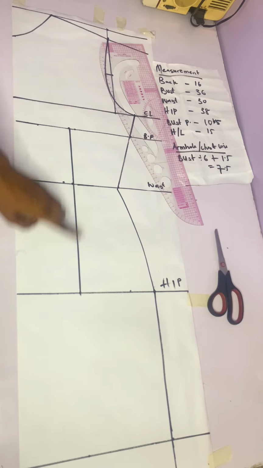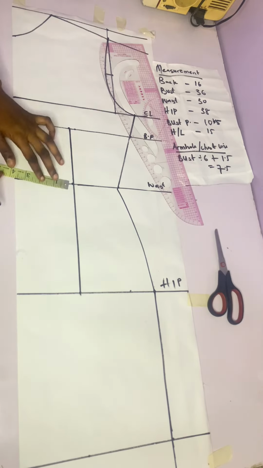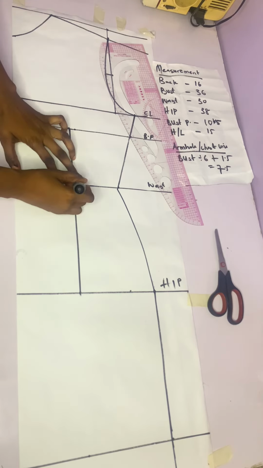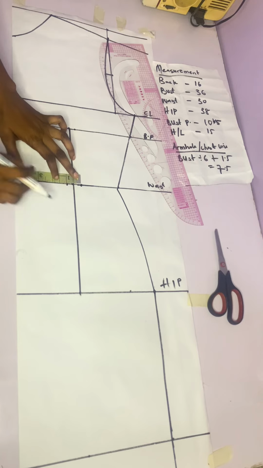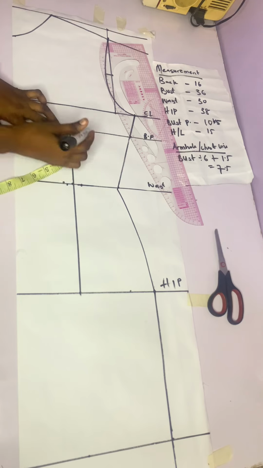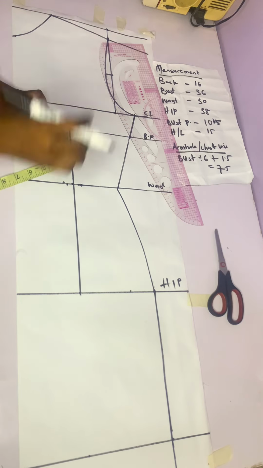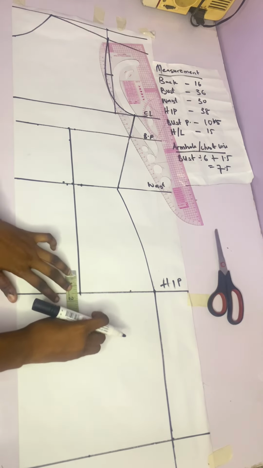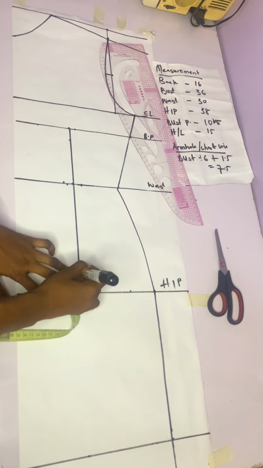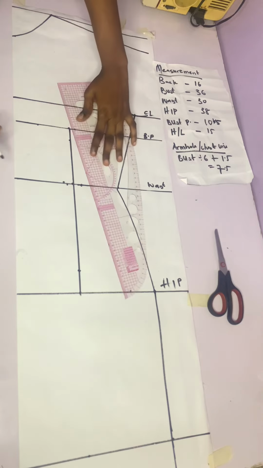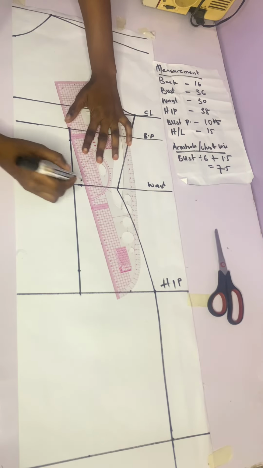From the bust point, I'll come down by 1 inch, then take 1/2 inch on both sides for the dart. Come down by 1 inch. Go upwards by 1.5. Just like the way I'm doing, then connect the lines together.